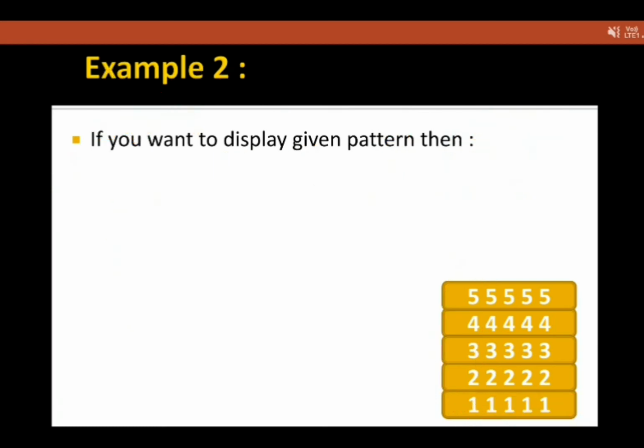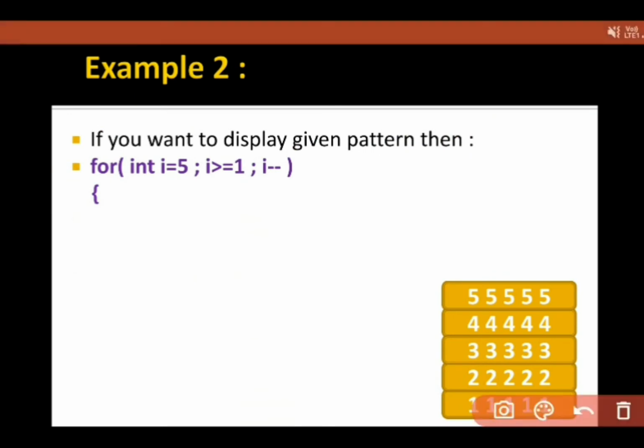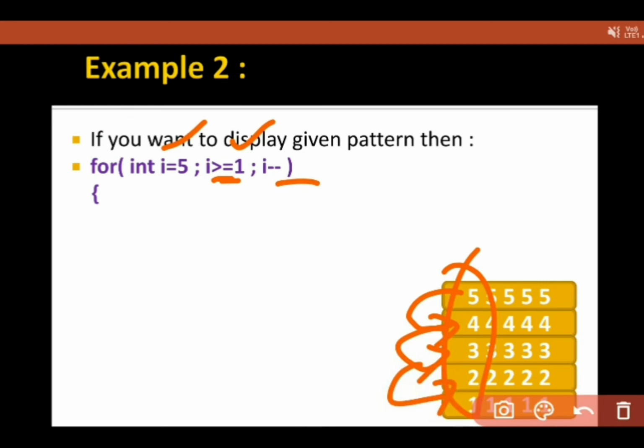Now see what I have written. Because I told you this is my I, 5 to 1, 5 is greater than or equal to 1, and I have to decrease it. If after 5 I want 4, after 4 I want 3, after 3 I want 2, after 2 I want 1.